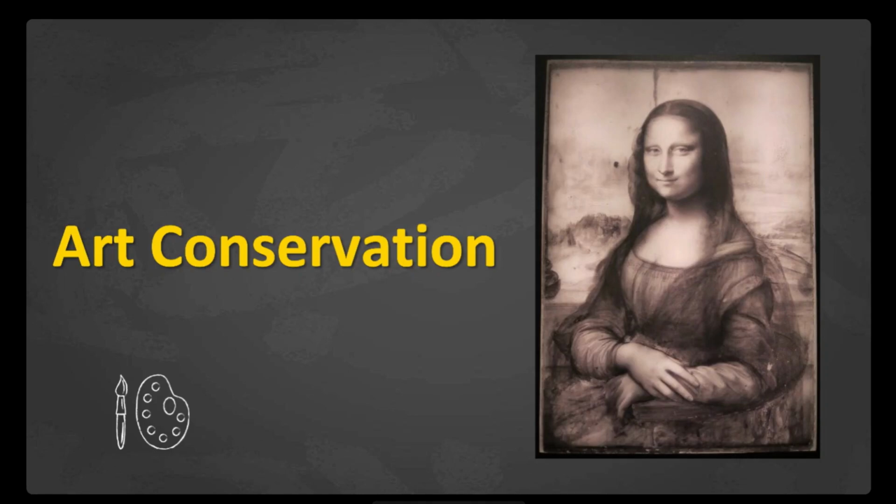It's also used to see if it's an original, because the brush strokes will be there, as well as if it's been altered, like if someone's tried to restore it or change it in any way, the brush strokes will be broken. So you can see the history of the painting just by seeing its brush strokes.